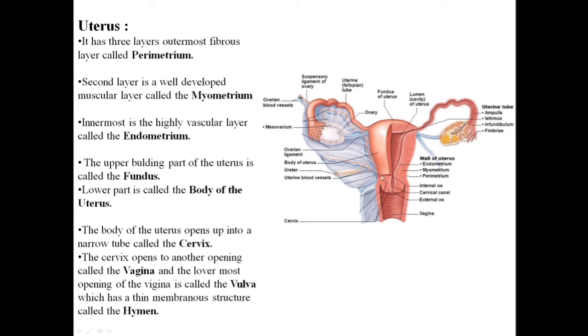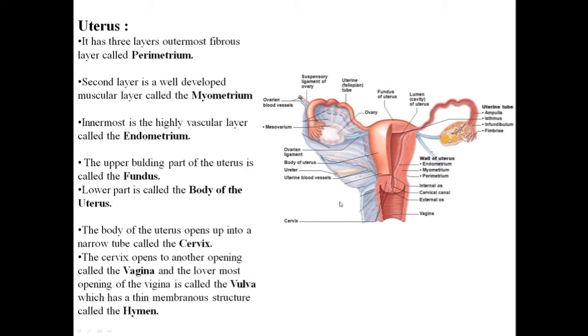The body of the uterus further descends into a narrow opening called the cervix, and the cervix opens into the vagina. Lower to this, the vagina has an opening called the vulva, which has a membranous structure called the hymen.